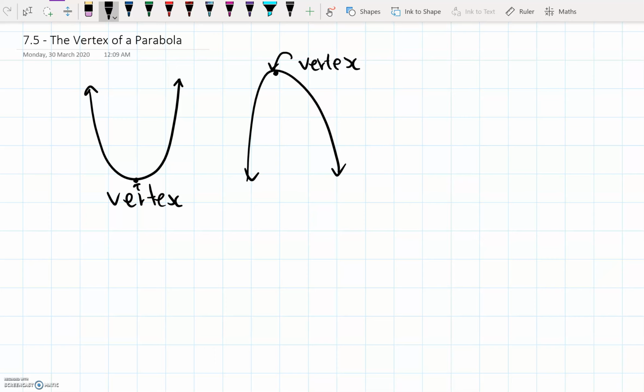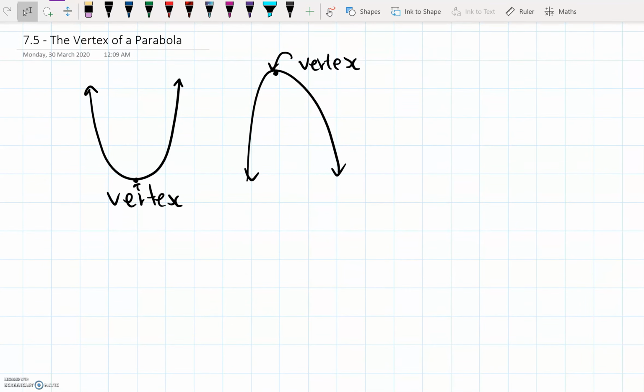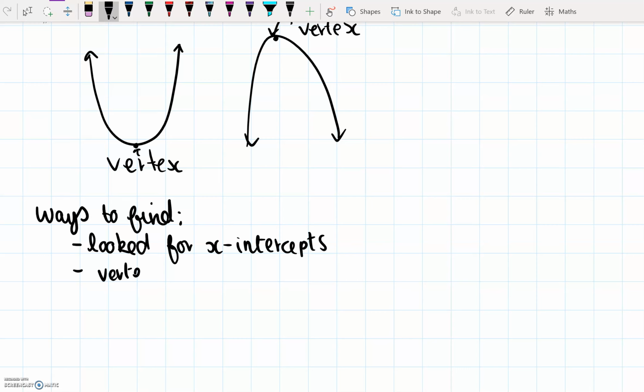Okay, now in the past you've looked at two different ways of finding the vertex. The first way was to find the x-intercepts. In the past we looked for the x-intercepts and the vertex was in between.